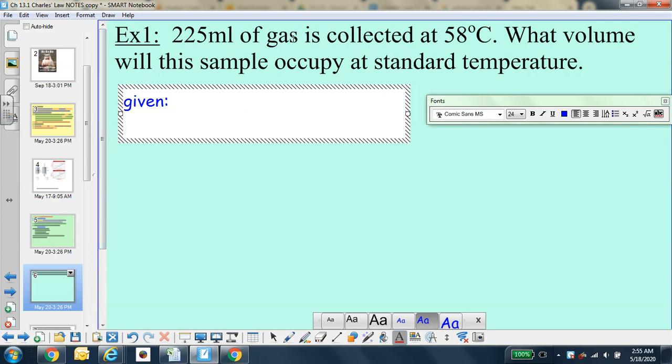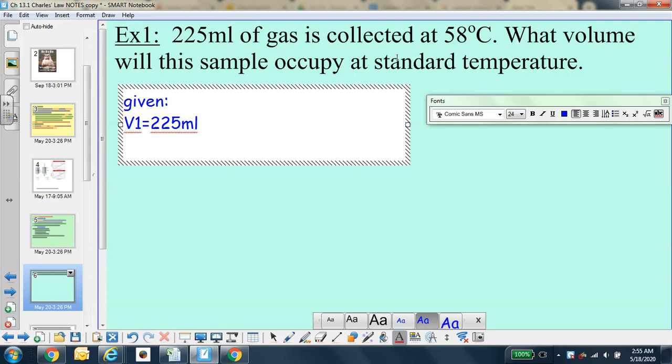225 mils of gas. What do you think that is? I hope you said V1. Collected at 58 Celsius. So that's our temperature 1.